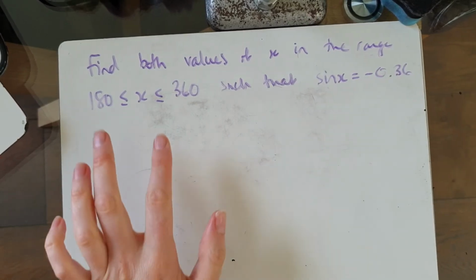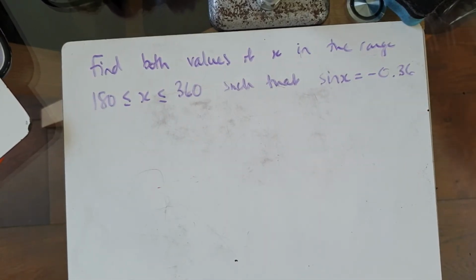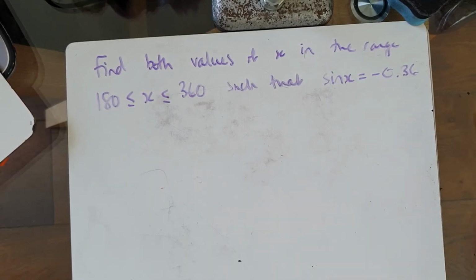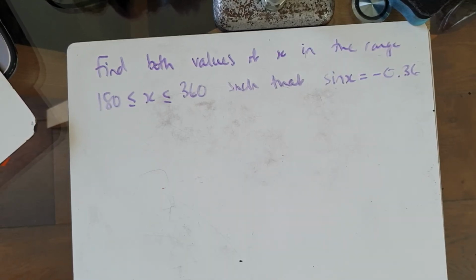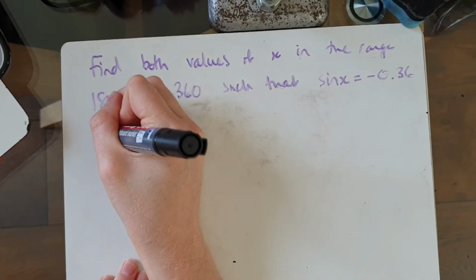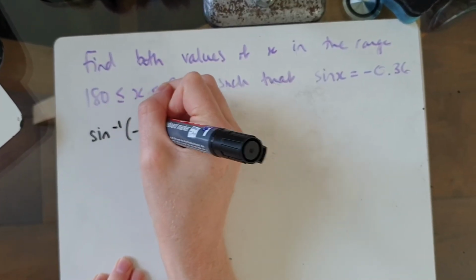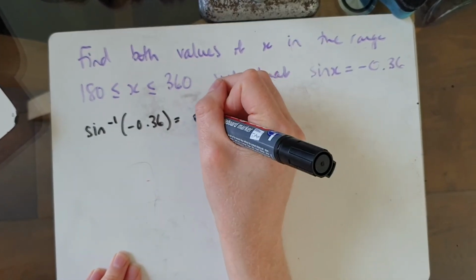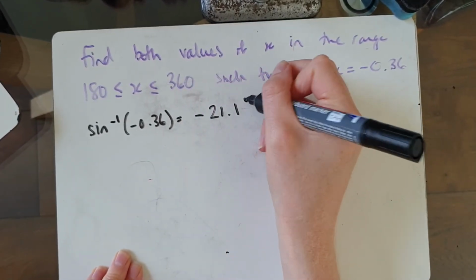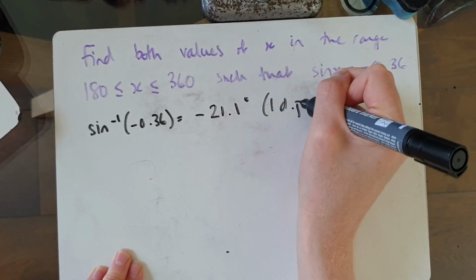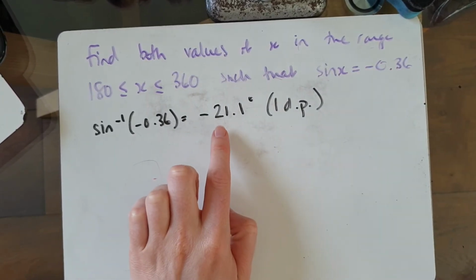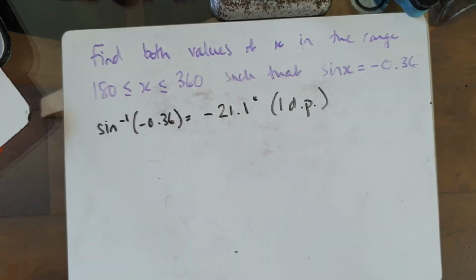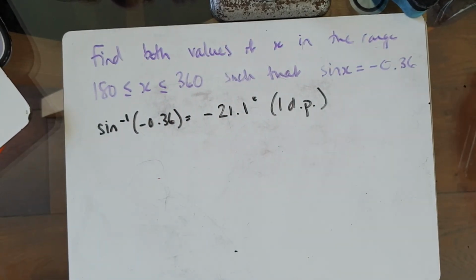So this is actually above 180 degrees, so we are looking at reflex angles. We're still going to use our calculator to help us out. We're going to do sine inverse of negative 0.36, and that will give us negative 21.1 degrees to 1 decimal place. Now this is not in this range, so this doesn't count as one of our answers, but it will help us out.